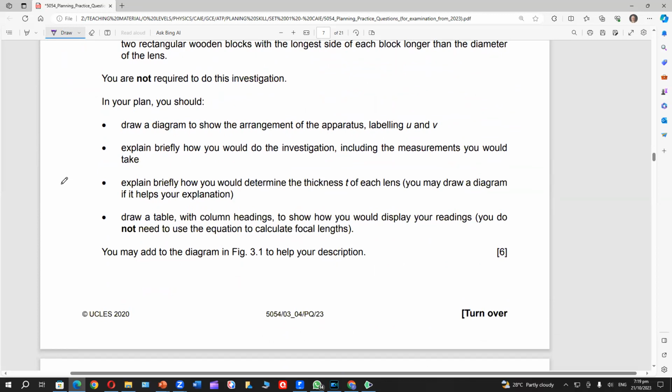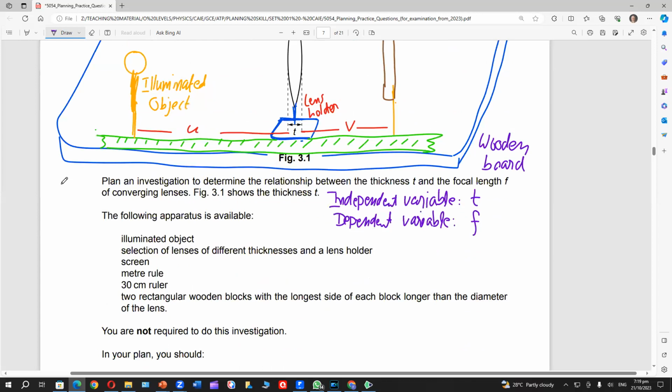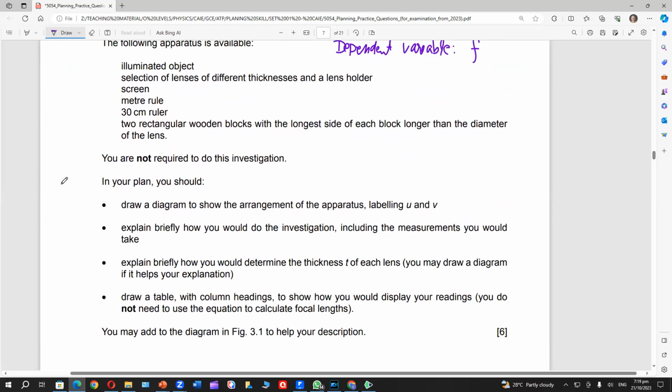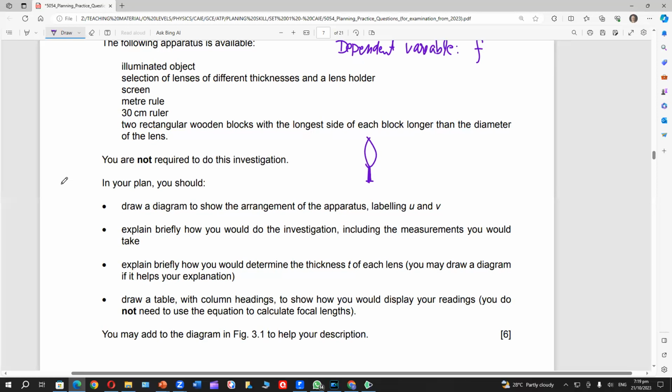Now, how can we find the thickness of the block? In the actual paper, this is a specimen paper, a sheet, but in the actual paper, the examiner is going to give us extra space so we can find it easier to write down our answers.